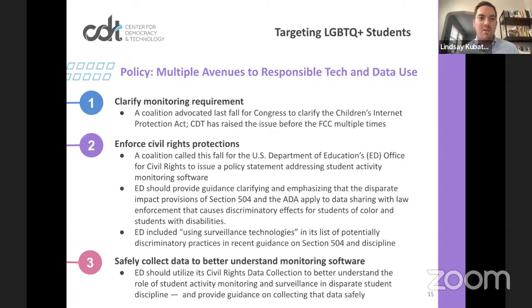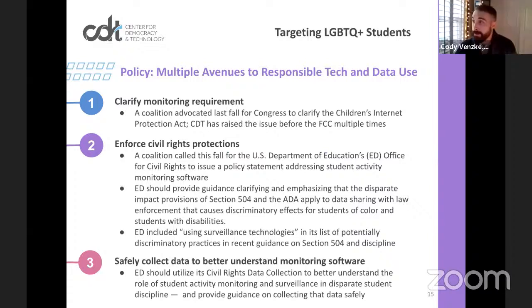And so they should be issuing guidance and raising awareness that some of these practices are likely discriminatory against individuals with disabilities. I'll talk a little bit in a few minutes about some of the other laws, but I think making sure that we really understand how Section 504 protects students with disabilities, and that extends into the technology area.